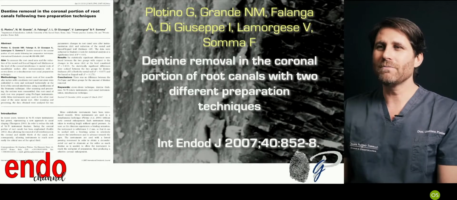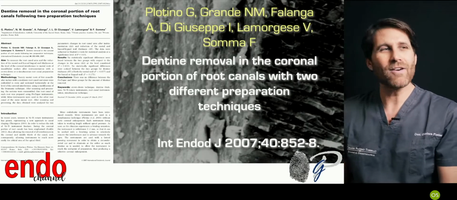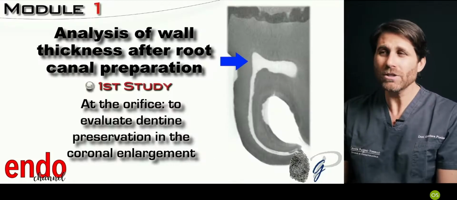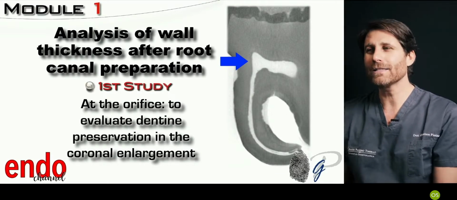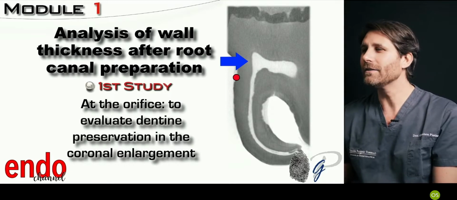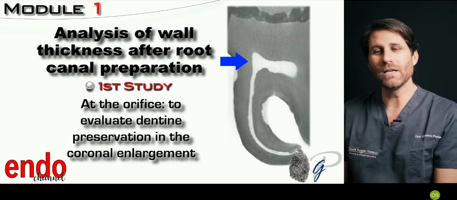And this approach was already published in 2007 by me and my group, in which we analyzed, at that time with rotary files, the possible influence of this conservative approach on the wall thickness after root canal preparation. In a first study, we studied if we can save coronal dentin by using this approach.